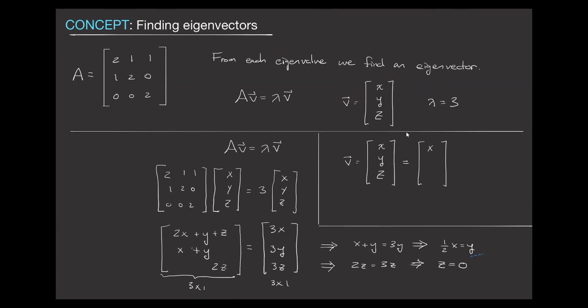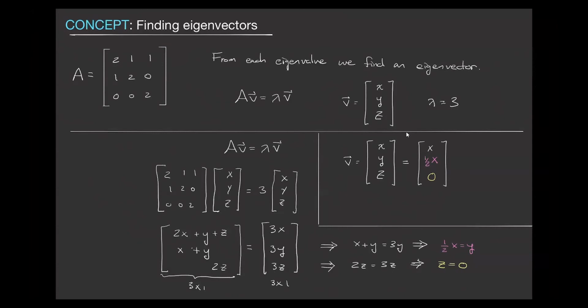Then we'll use the fact that 1 half X is equal to Y. We'll make that substitution. So we say Y is 1 half X. And then we said that Z is equal to 0, or that's what we were told by this formula. If we substitute that in, Z is equal to 0, we get this here. Now, this may not seem helpful, but it's actually everything we need.